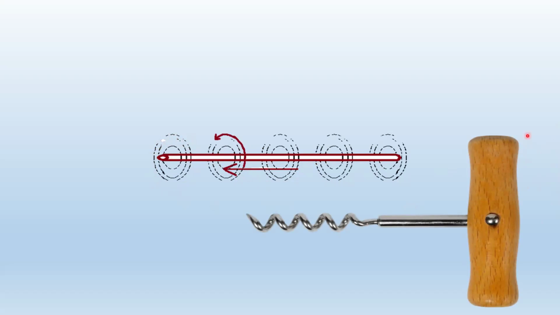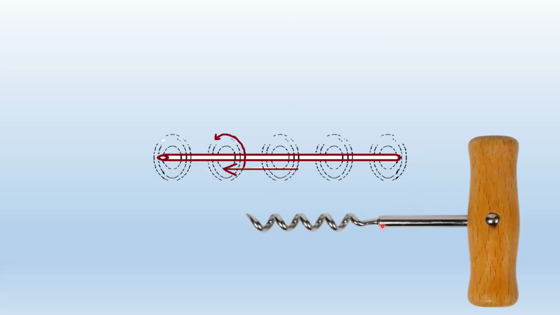If it's conventional current flow, just imagine a corkscrew. When you turn the corkscrew clockwise, it advances into the cork of the wine bottle.